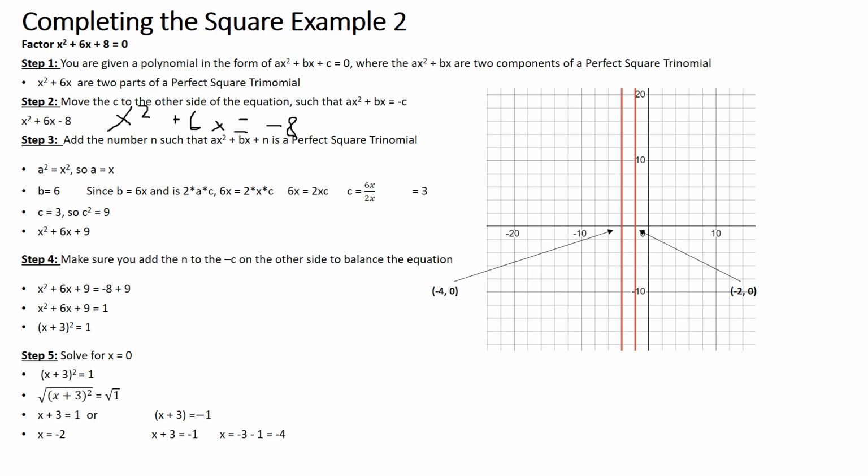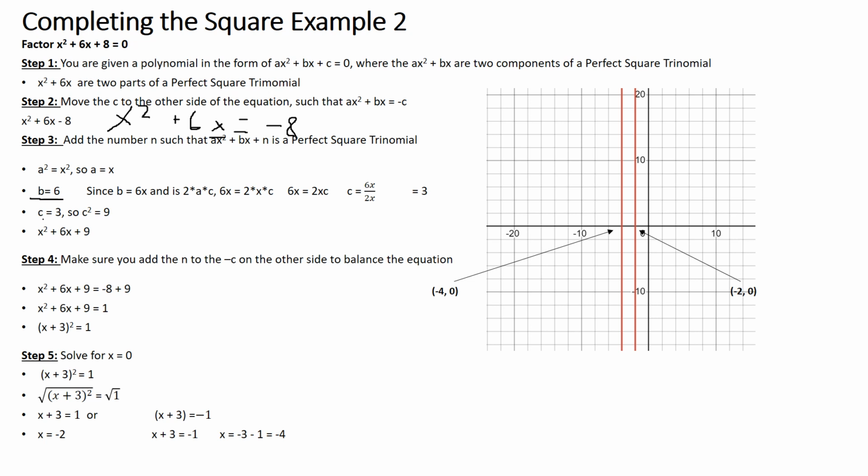Now, I see x squared plus 6x. How do I turn that into a perfect square? Well, remember, it's a squared plus 2ab plus b squared. My x is a, so that means x squared. 2ab, which is my 6x. If 2 times something equals 6, that means my b has got to be equal to 3.